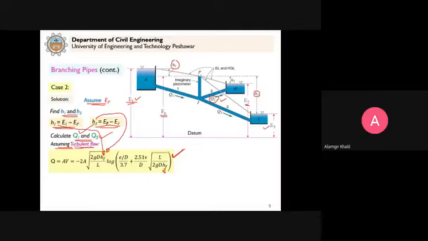And how to prove that? When the discharges are known, you can calculate the velocity. And from the velocity, we can calculate the Reynolds number. And then from the Reynolds number and the relative roughness, E by D, using Moody's chart or Haaland equation, you can calculate the friction factor.